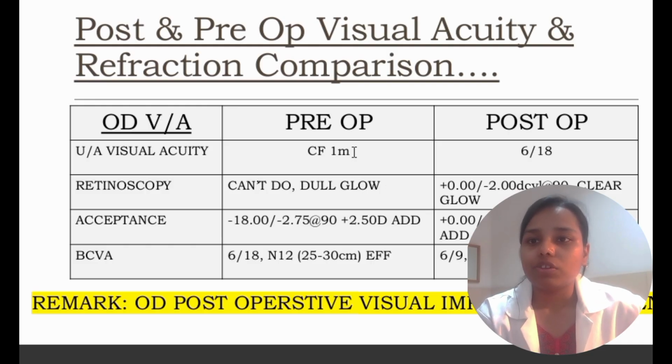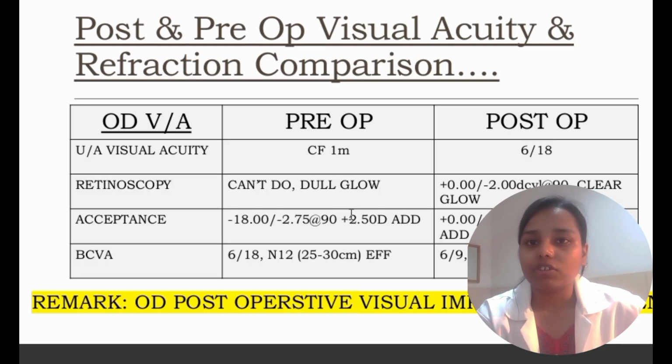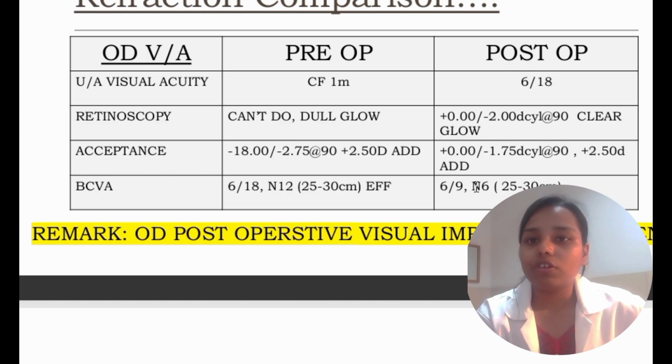Also the near vision came as N6 and the pinhole vision came as 6 by 9. So with the correction, the patient can now read 6 by 9 properly with good near vision without any complications. The remarks say OD post-operative visual improvement has been seen.